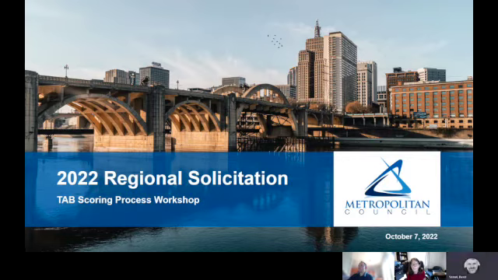Interesting. All right. What I'm seeing here is a red box around the slides, and I'm seeing the presenter notes and the slides. So I can see welcome to the workshop for scoring process for the regional solicitation. Okay. So what I'm thinking, Elaine, is if you start sharing this, I'm going to quit sharing.